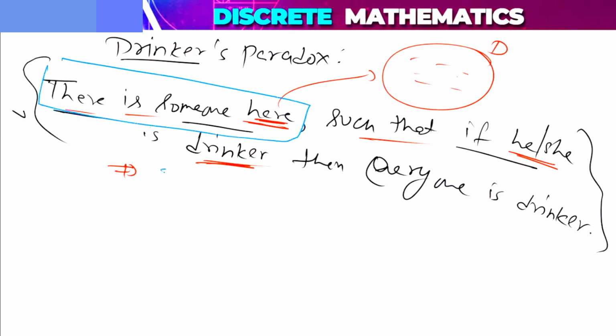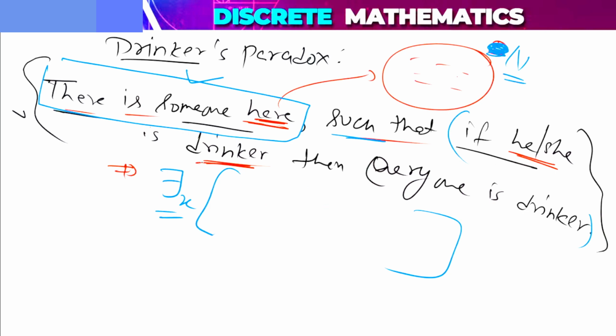It means there exists X in this domain, such that, let's call this domain N. Now if he or she is a drinker, meaning D of X, X is a drinker, implies everyone is a drinker, meaning for all X, D of X. This is how we can convert the given statement into a first order logic formula.